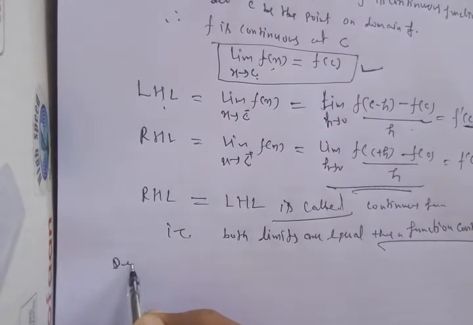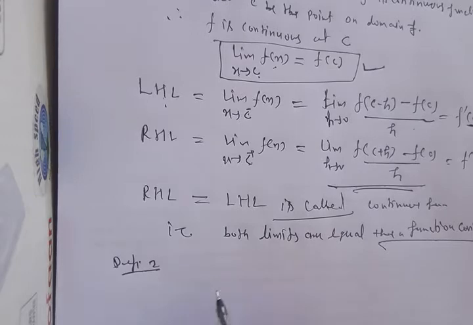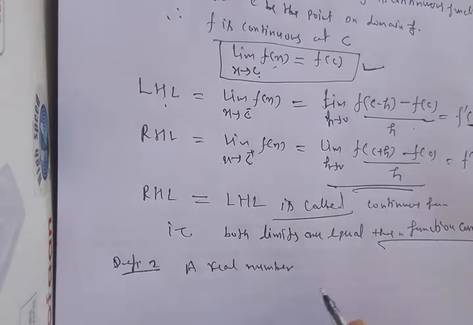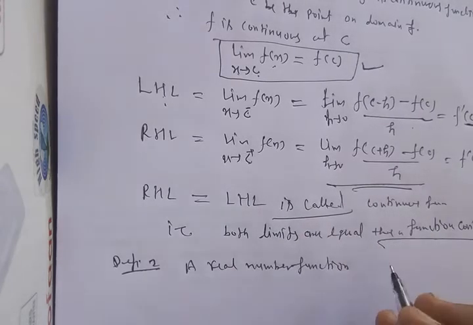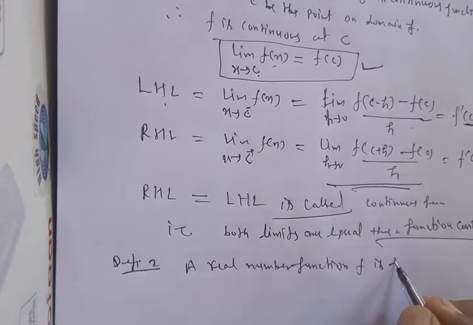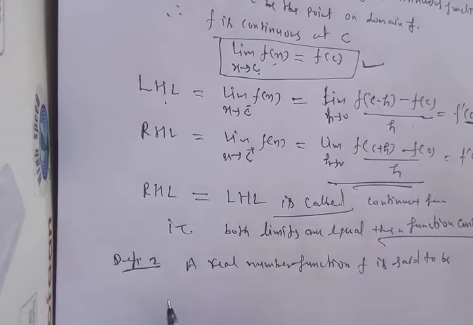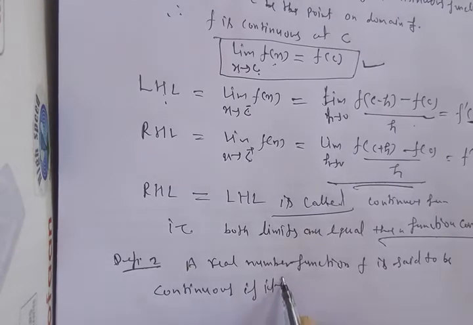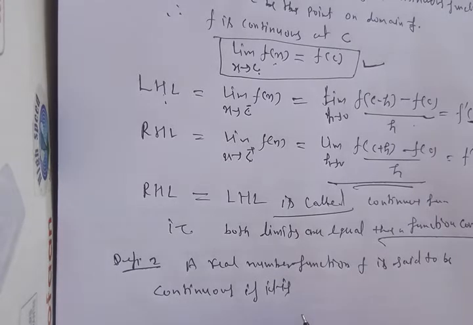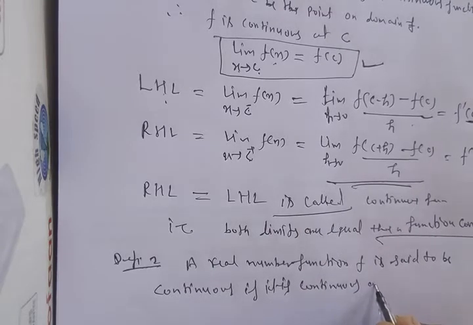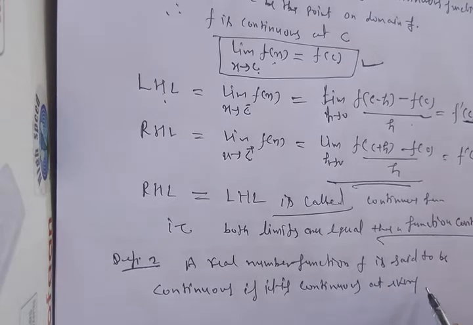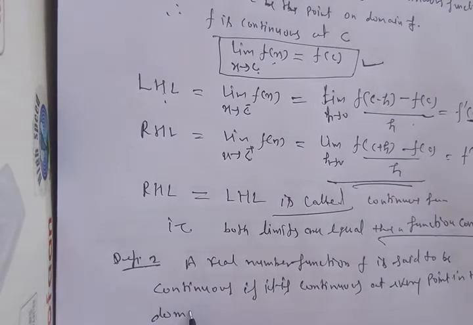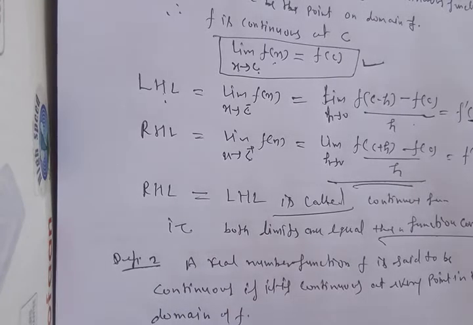Important points. Definition 2: A real function f is said to be continuous if it is continuous at every point in the domain of f.